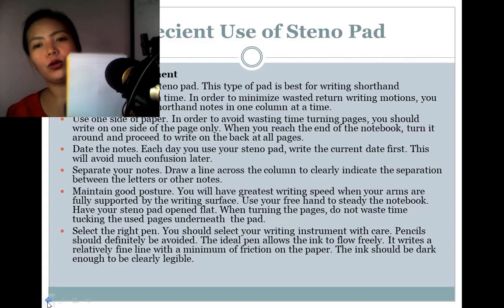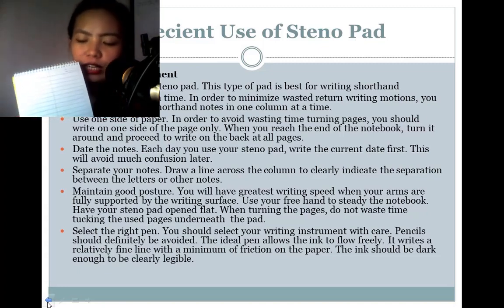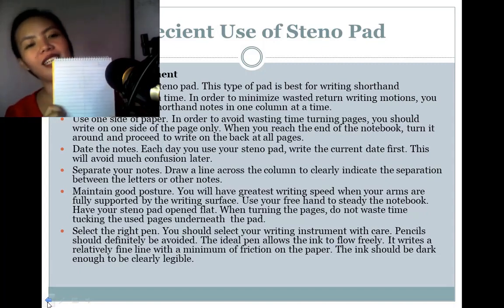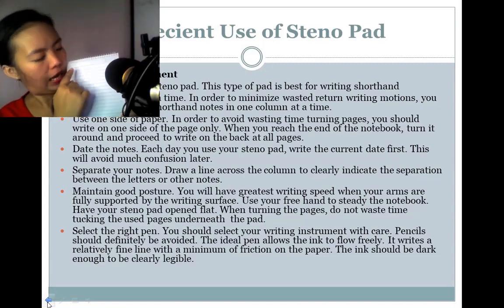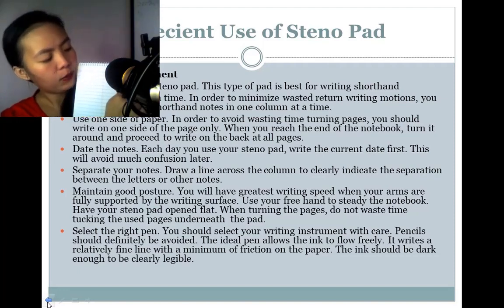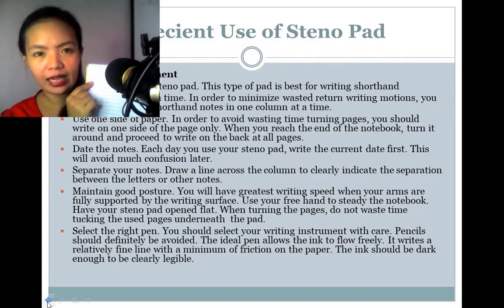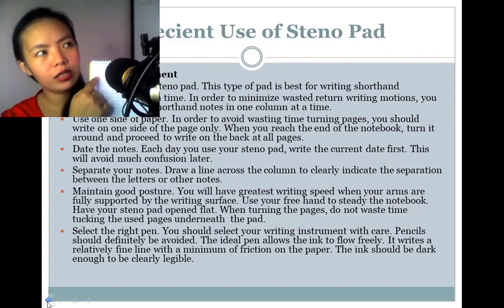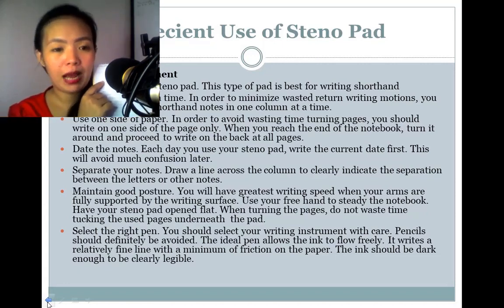So, why does the steno pad look like this? Here's why. When you write and continue straight across the whole line, the time you consume to go back to the first side where you'll write again is quite long.